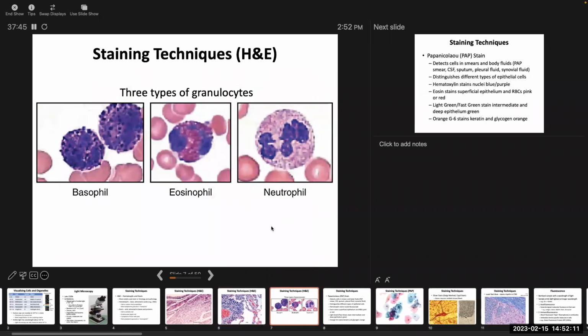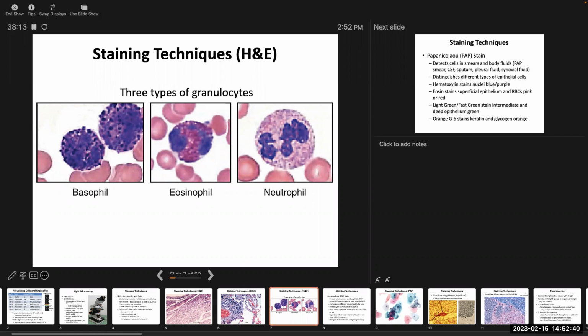Here you see a great example of the three different types of granulocytes. So I mentioned before, there are things called basophils and eosinophils, which are white blood cells that attract hematoxylin or attract eosin.